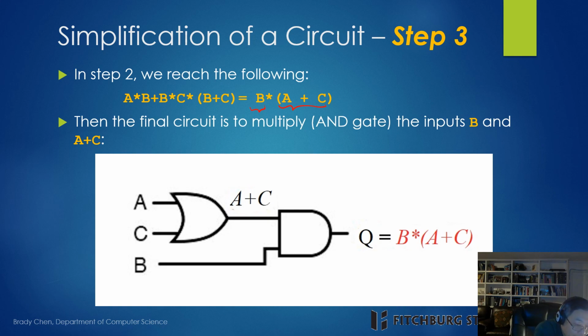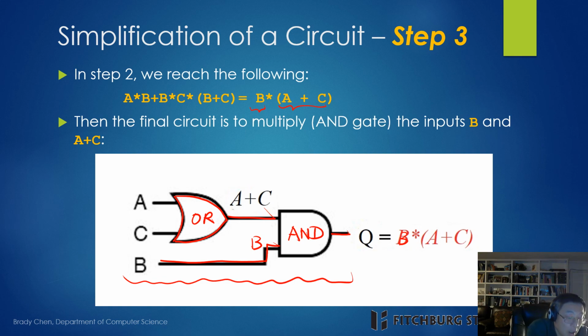So we have A plus C, which is the output of this OR gate. And then we have another input B. Then they pass through the AND gate, and we create B times parenthesis A plus C. So we combine this AND gate with the OR gate we just created in the previous slide, and that's the circuit diagram of the simplified logic expression.